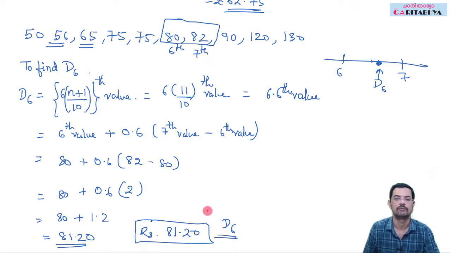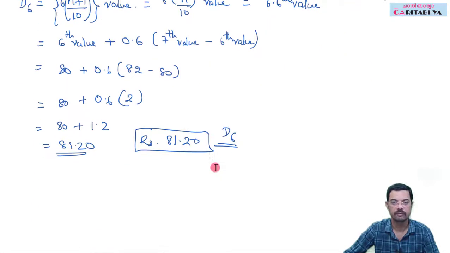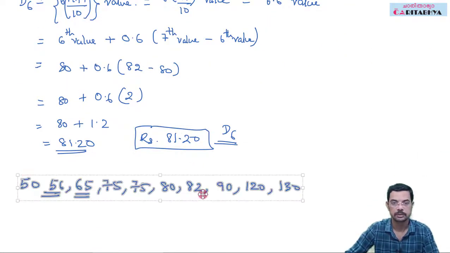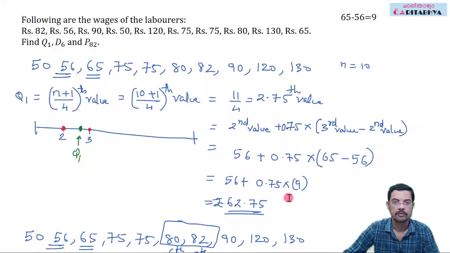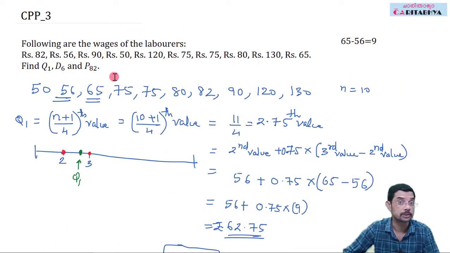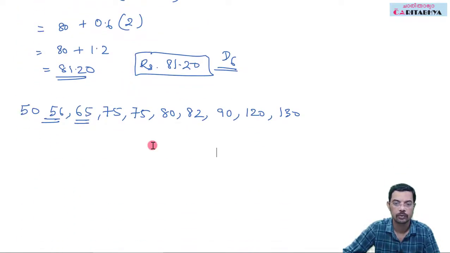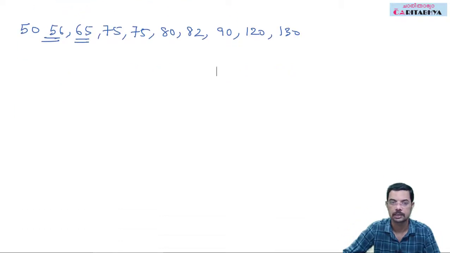Same way we can go for the percentile. For percentile we have the same data here. Let us paste the data here, and we need to find the 82nd percentile. How can we find the 82nd percentile?